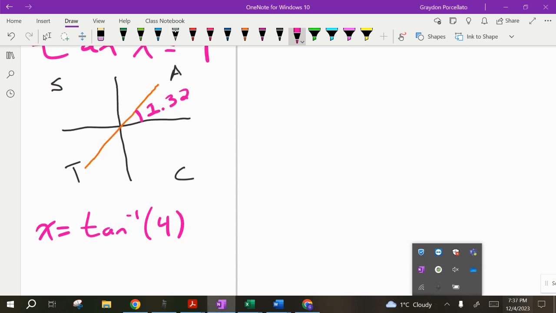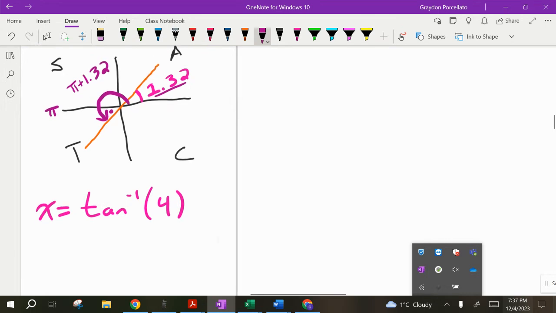Okay? Now we're looking for two angles. That's our first angle. I now also want to know this angle. And how do I find that angle? Well, I'm going to say pi plus 1.32. And that's going to give me that big purple angle, because I know that this little angle in here is the same as this, and I know that this is pi to here. So pi plus 1.32 gives me 4.44.